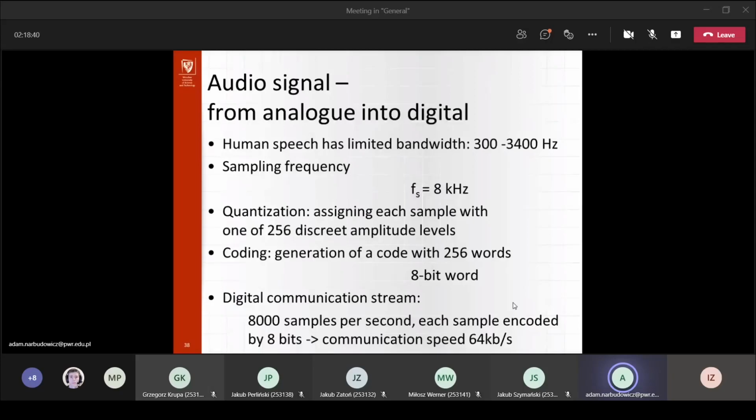So basically, if your digital communication stream is 64 kilobits per second, your channel capacity needs to be at least that much to avoid errors.